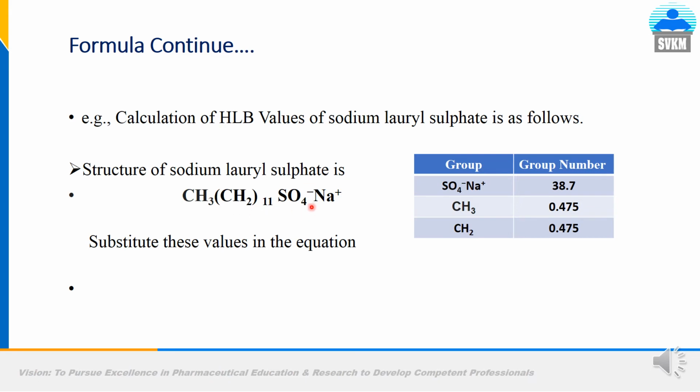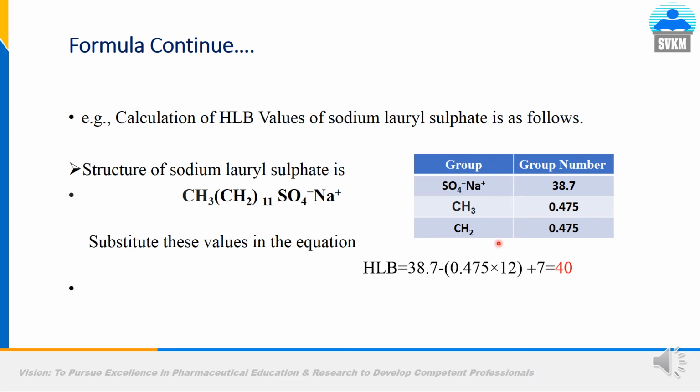So here we are splitting it into SO4, sodium, minus, CH3, CH2. These are the different groups we split, right? The first step is done. The second step is what? We have to assign the group numbers to them. Now this is the group number we have to assign to each and every group. So the next step is what?